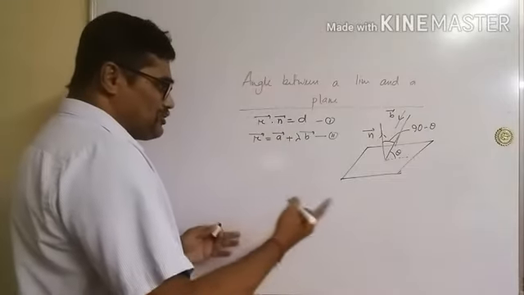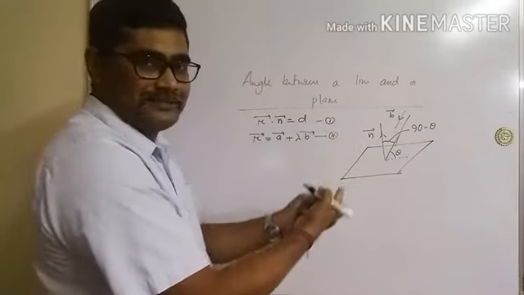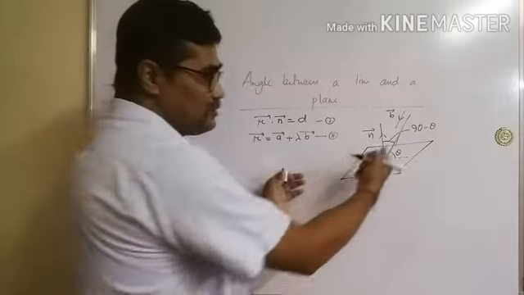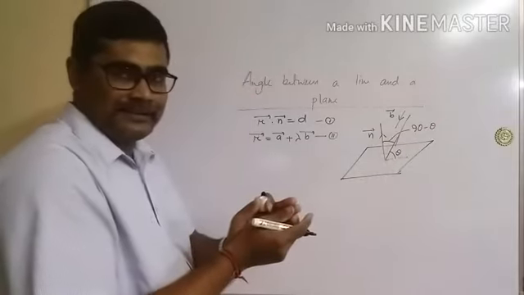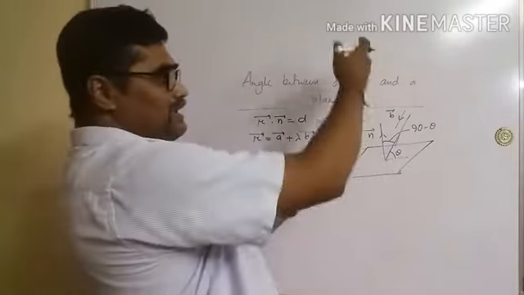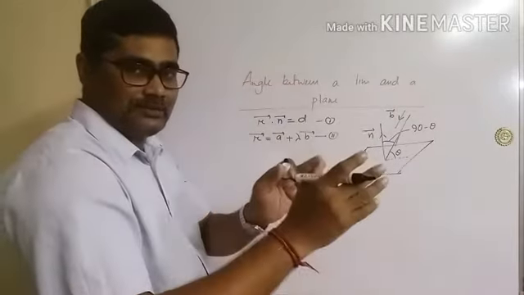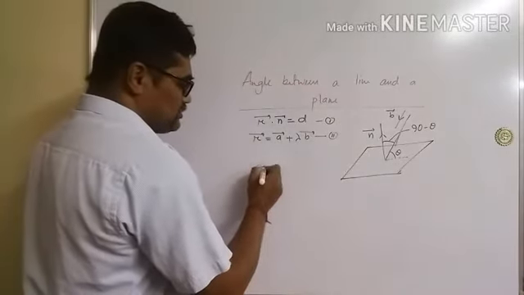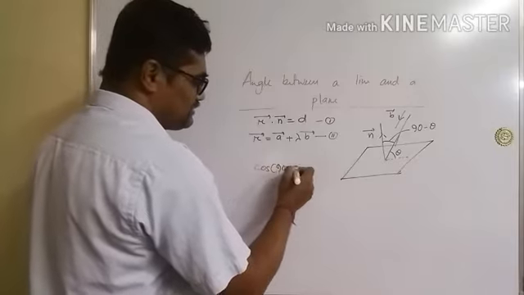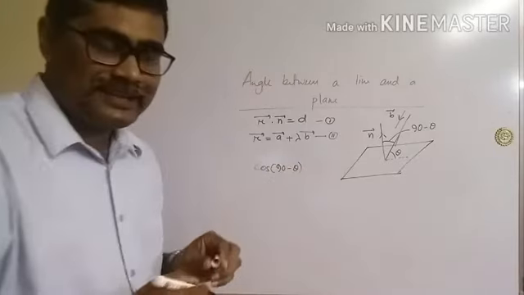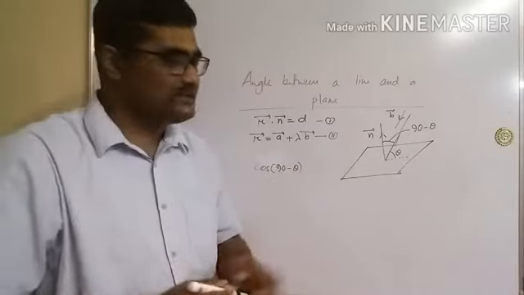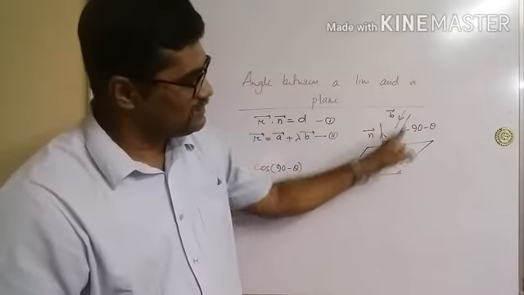Now we have seen here that angle theta is the angle between the plane and the line. So what is the angle between N and the line? It's 90 minus theta. So cos of 90 minus theta is the angle between the vector N and vector B.